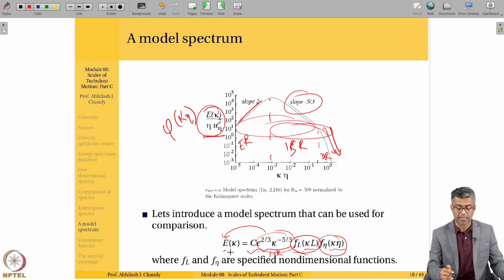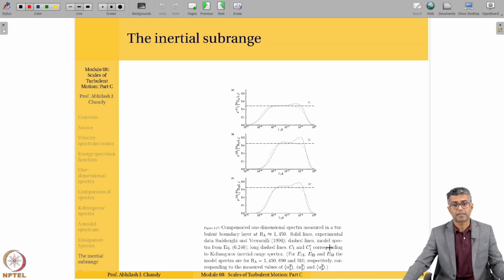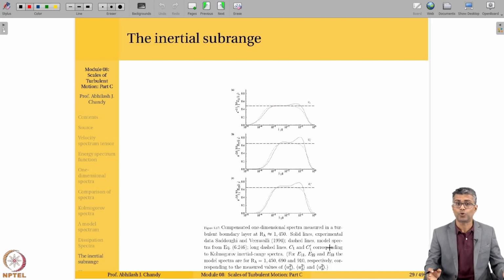And what do you have on the right hand side? It is C times these two functions. One function for the energy containing range and another function for the dissipation range, right? And then I am plotting that, and as you can see, I would get the value of C in the inertial subrange because F_L and F_eta would go to 1.